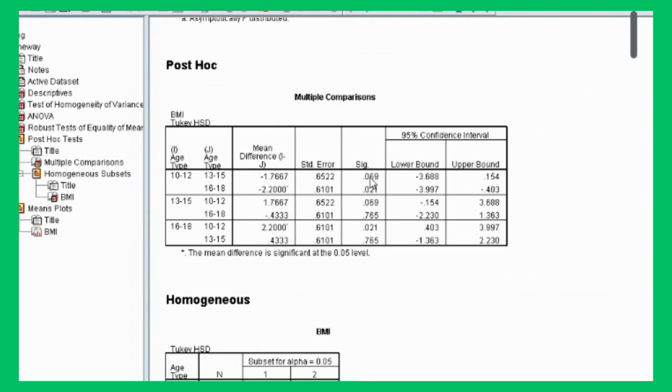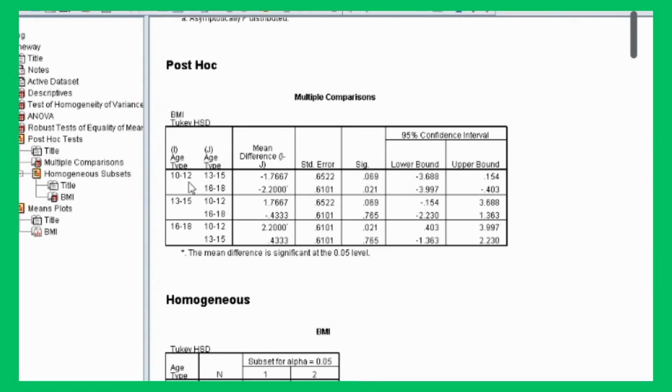So this tells us that there is no difference between 10 to 12 and 13 to 15. You can also look at the confidence interval. It ranges from -3 to 0.154. So this means that it includes 0. So the mean difference could be 0. So there is no difference.